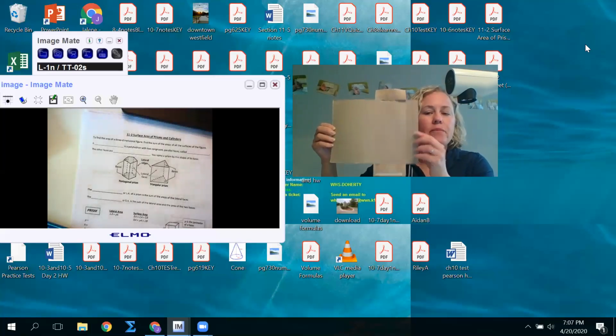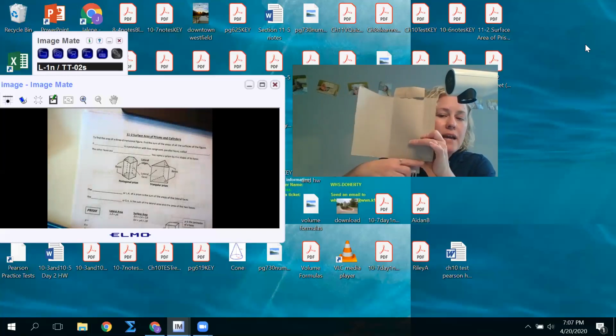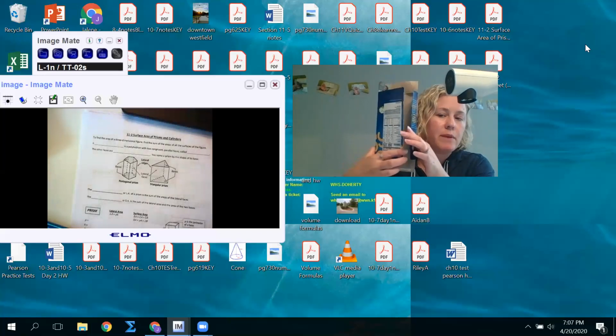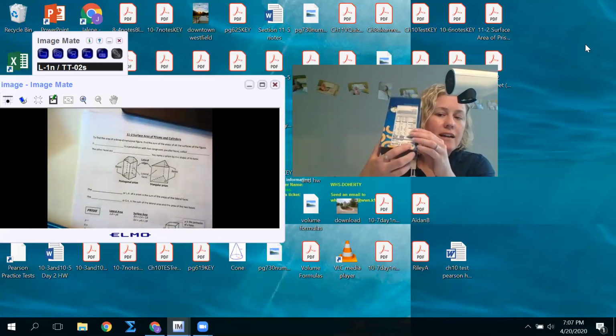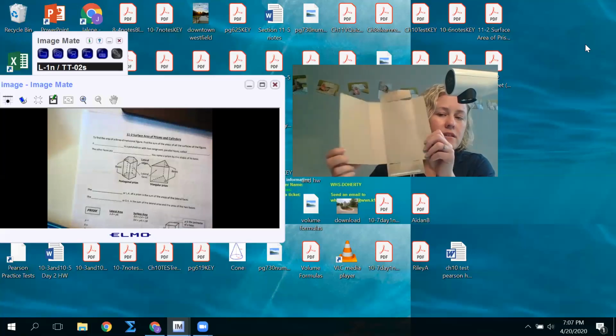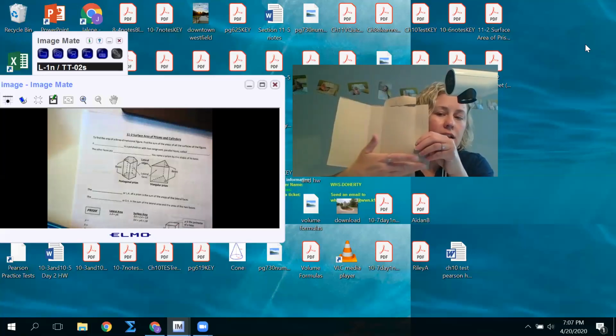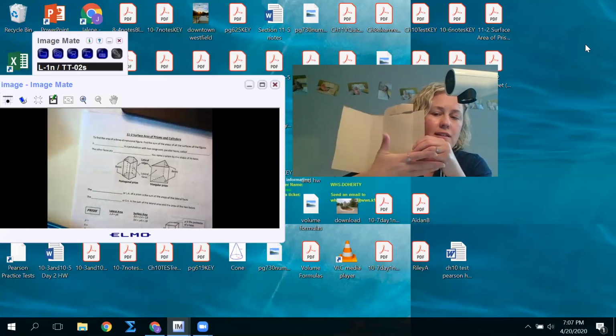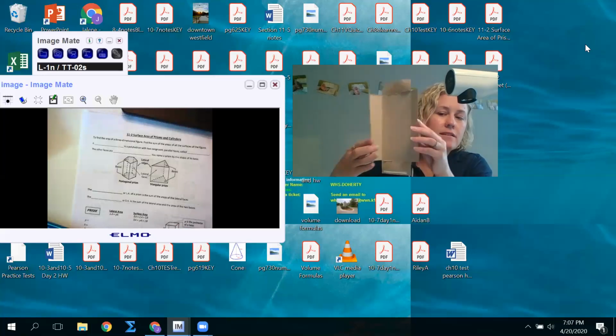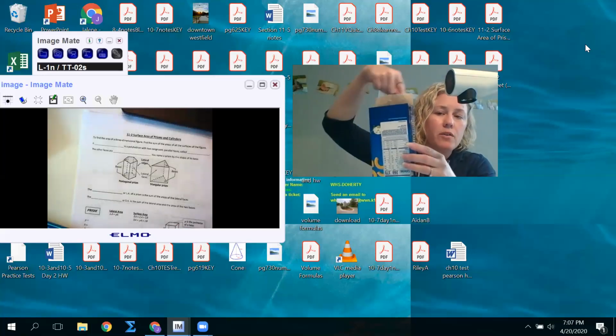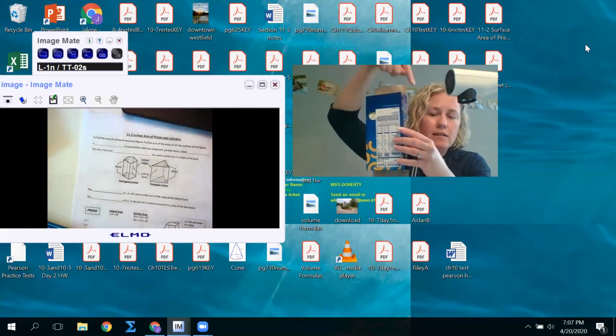Now the base of this rectangle, when your box is all put back together, is the perimeter of the box. Again, the length or the base of the rectangle is the perimeter around our box.